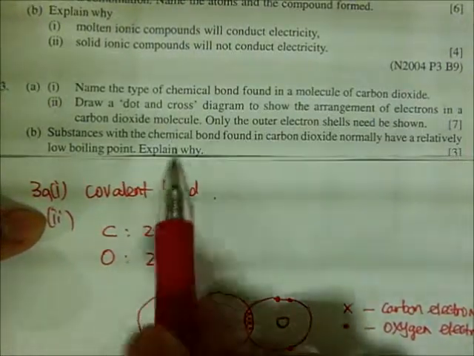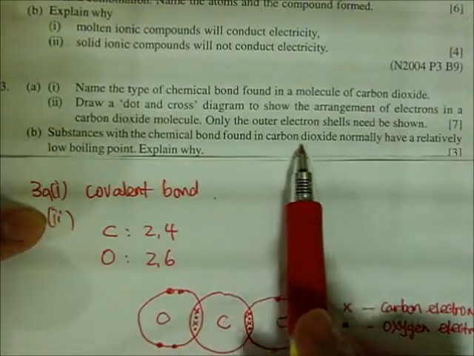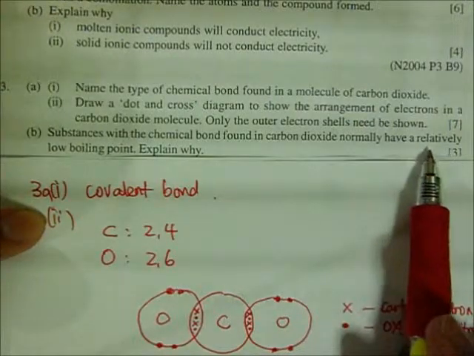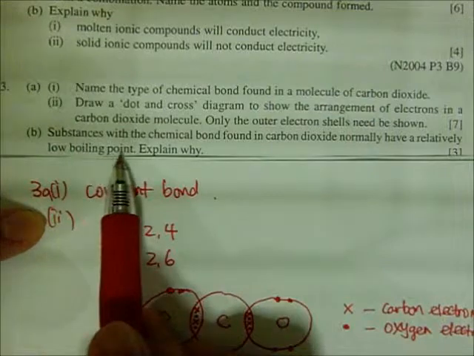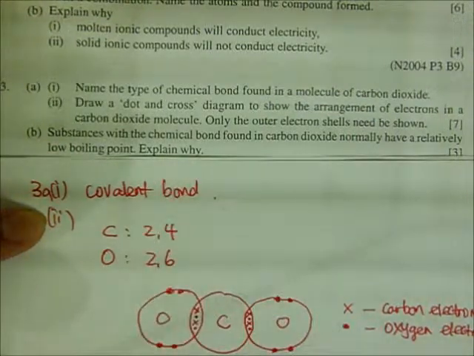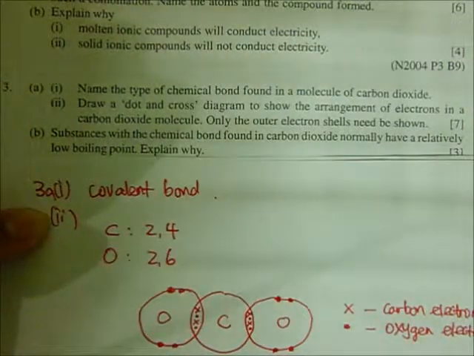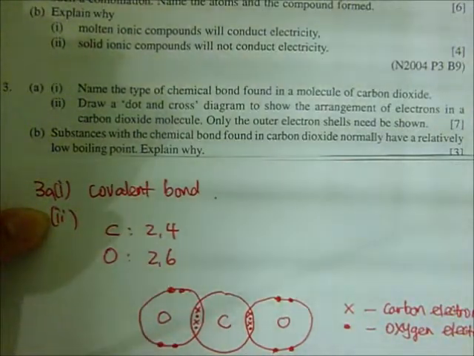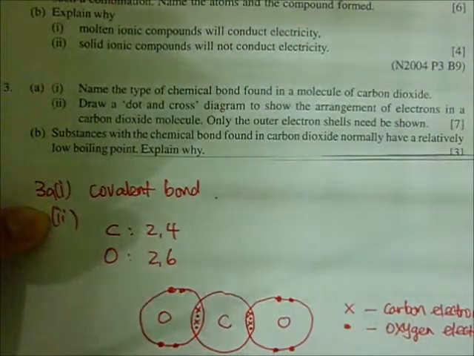Now substances with the chemical bond found in carbon dioxide normally have a relatively low boiling point. Explain why. Now why does carbon dioxide have low boiling point?